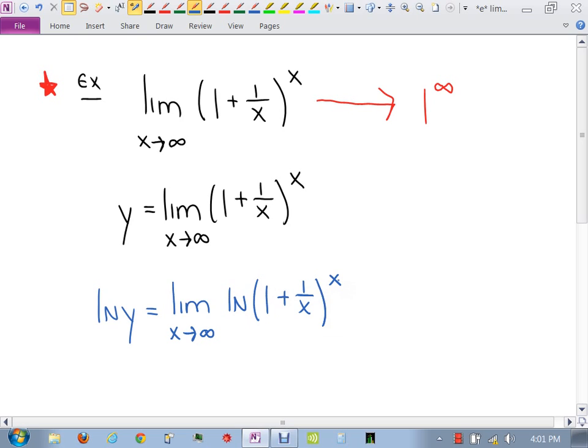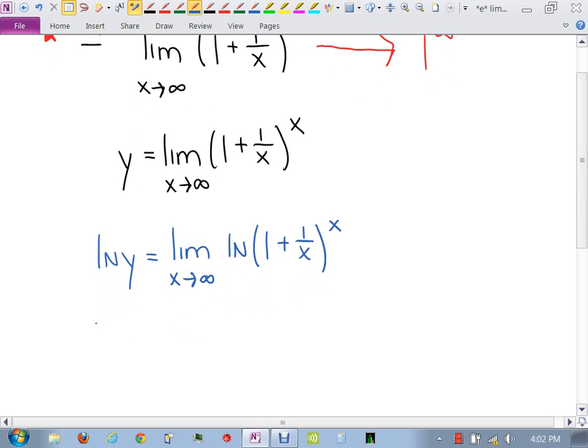Algebraically, it's fine to do that. So I've taken the natural log on both sides, and that allows me to take that x and drop it in front of the natural log. Freaking fabulous. Let's see what happens here. Limit as x goes to infinity of x natural log of 1 plus 1 over x, and no more power on it.